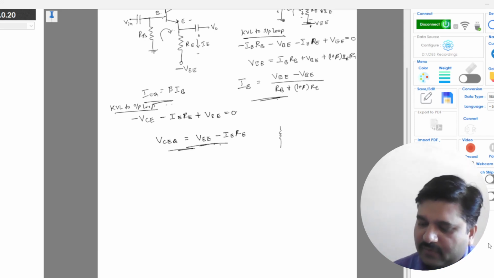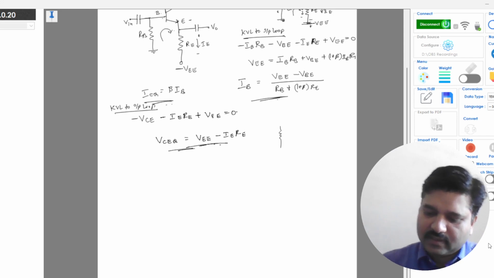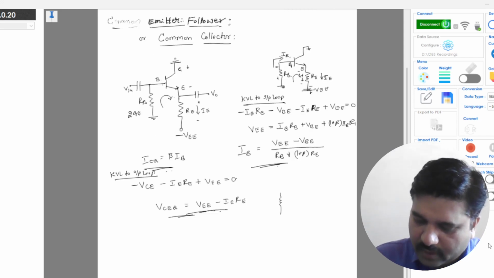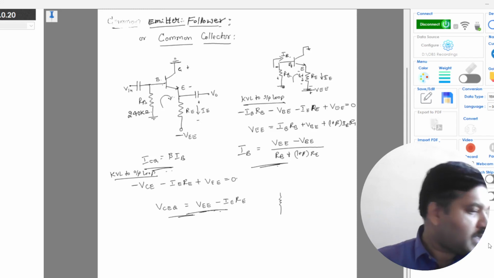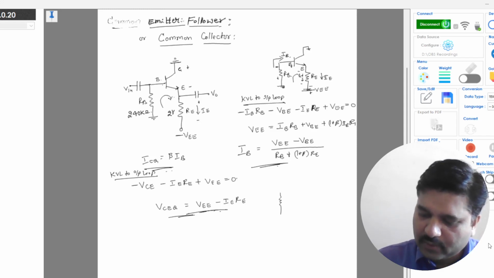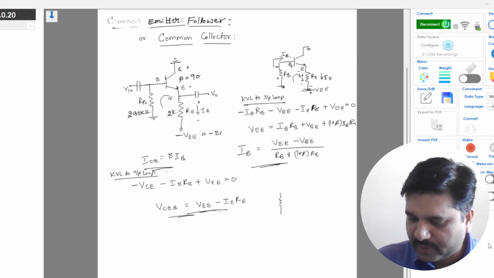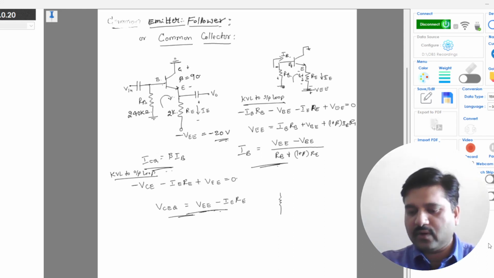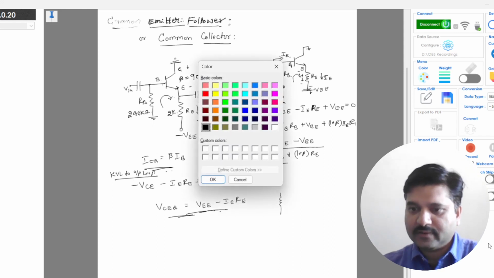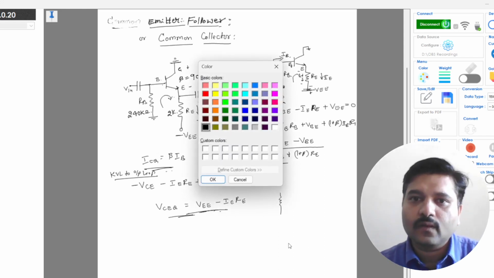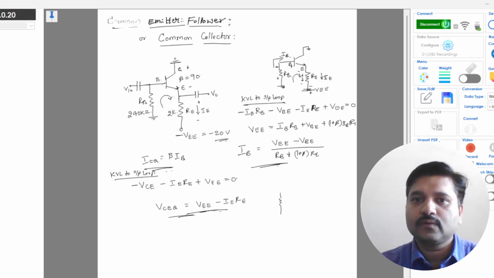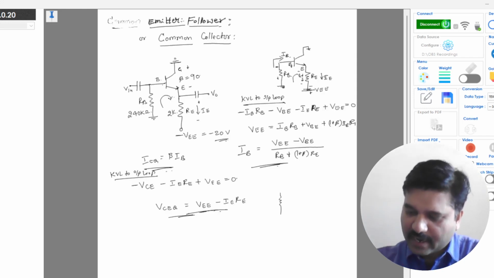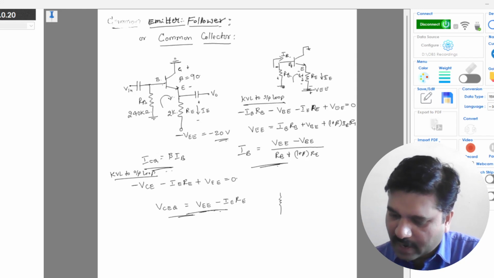So we will take an example for the same, considering this RB as 240 kilo ohm and RE as 2 kilo ohm, and beta you take as 90, and VEE as 20 volt, that is minus 20 volt for this, right? So on solving for this, we can directly find the value of IB.